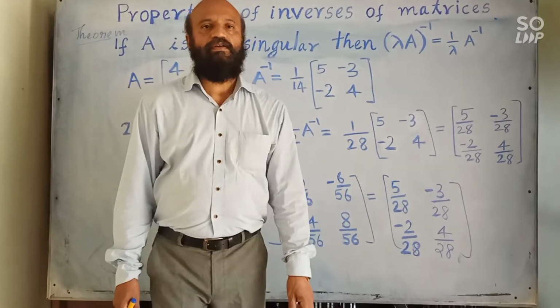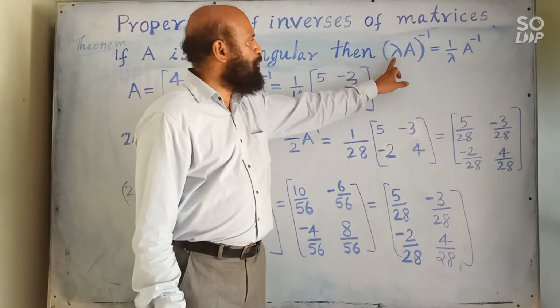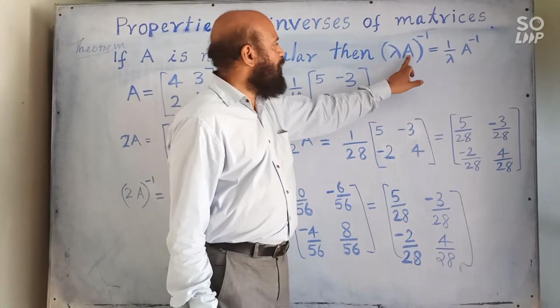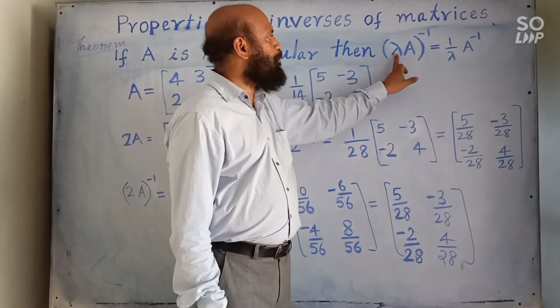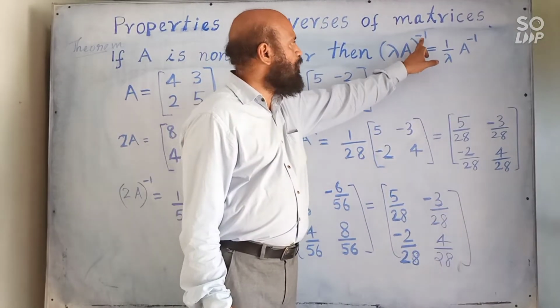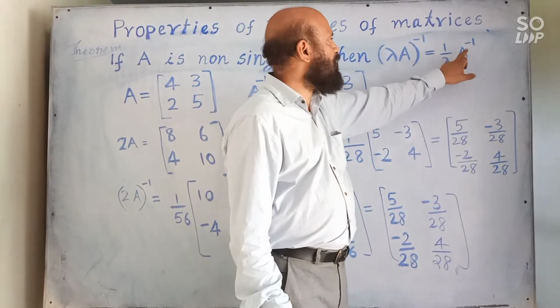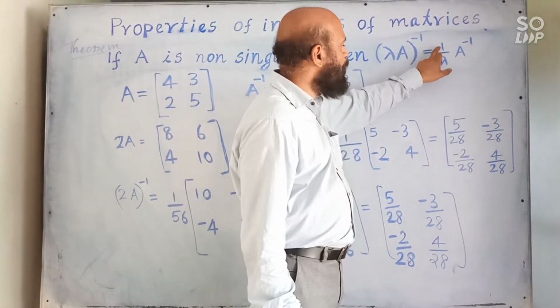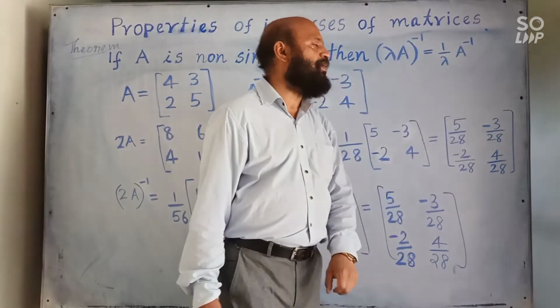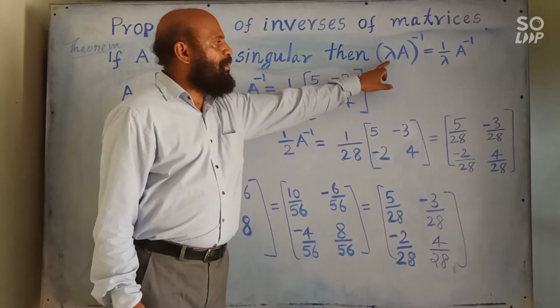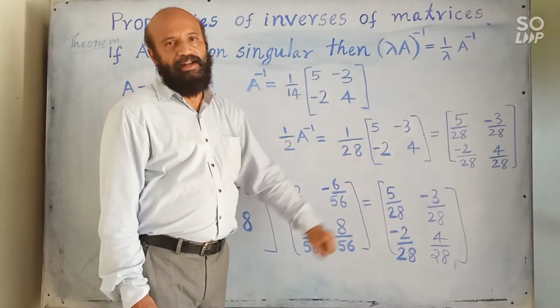Now we will see this property by an example. This side, A is multiplied by lambda and the inverse is taken. This side, first the inverse is taken, then multiplied by 1 by lambda. This lambda is a non-zero scalar.